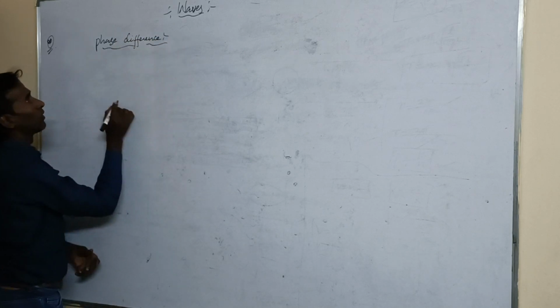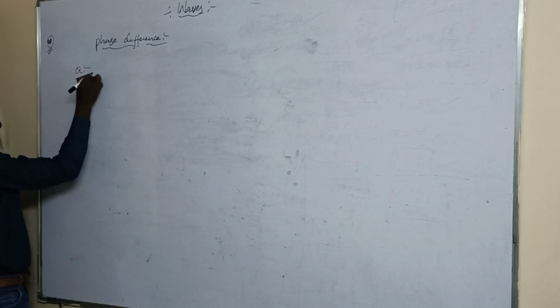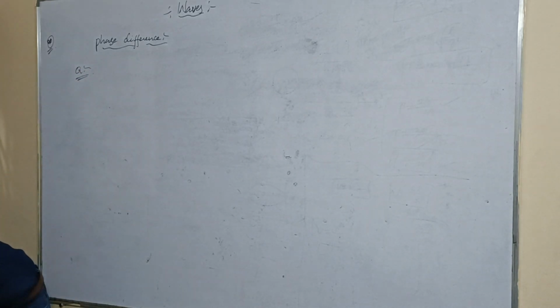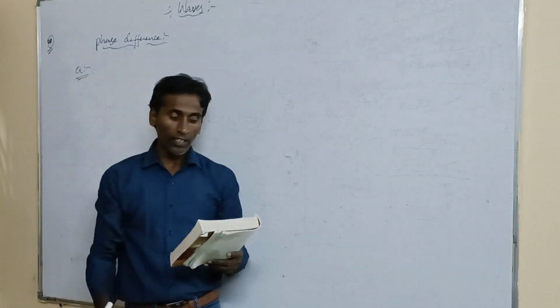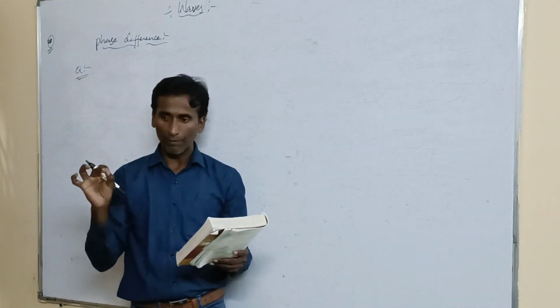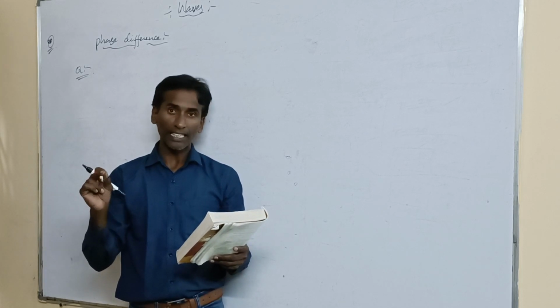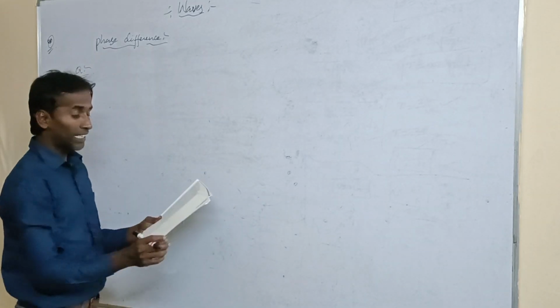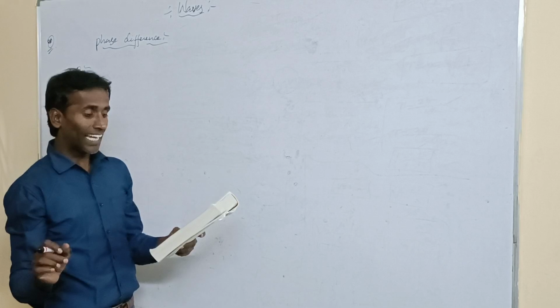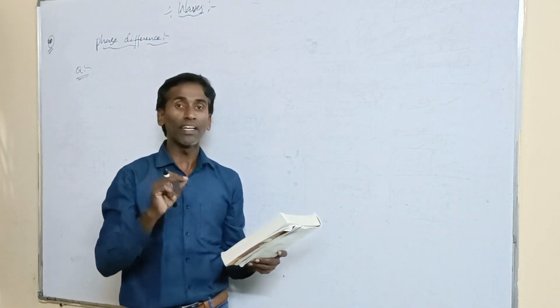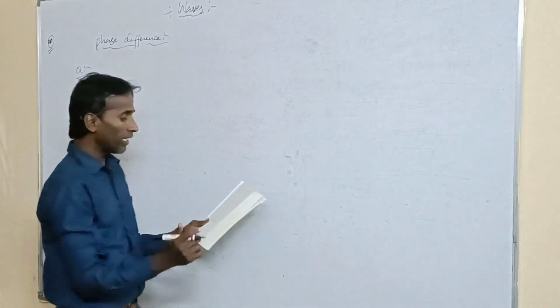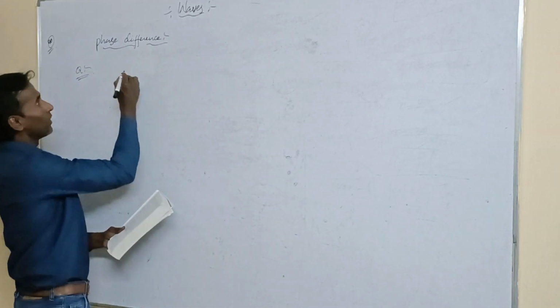Phase difference problem. Question. What is given in that question? I am reading the question. The phase of a particle P1 at time t is 70 degrees, and the phase of the particle P2 at time t is 790 degrees. So here two particles are given.